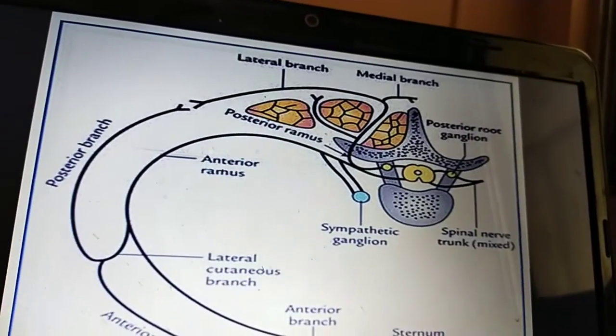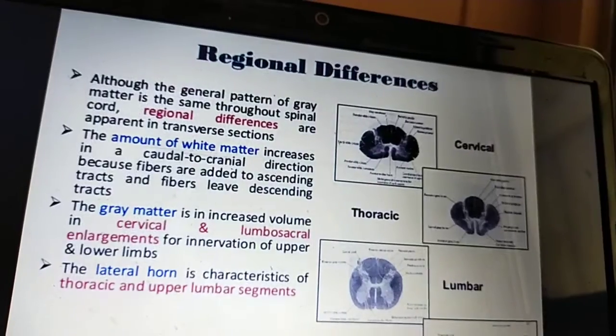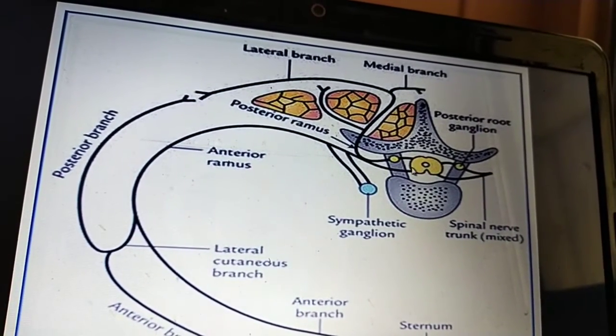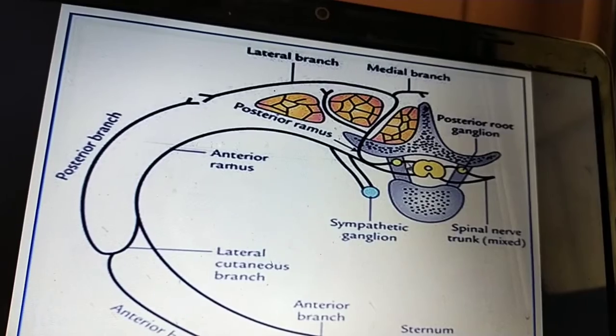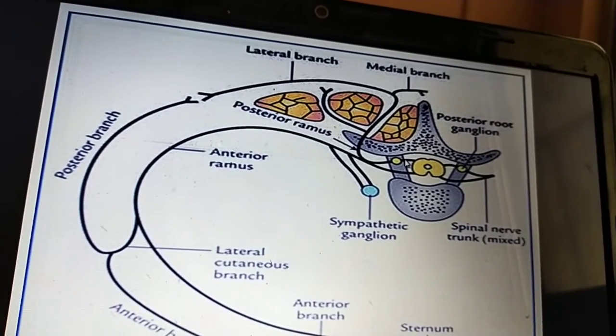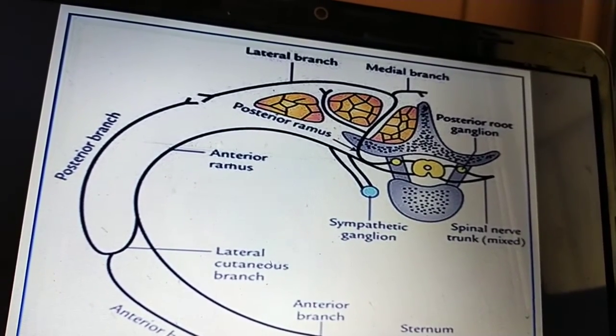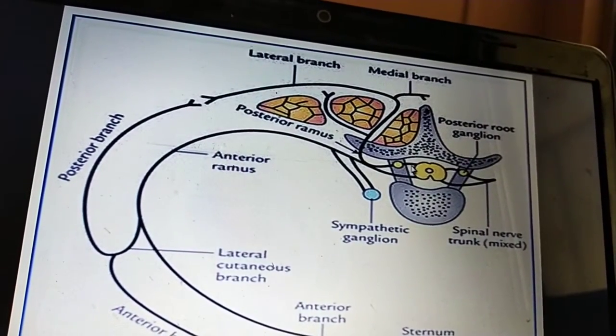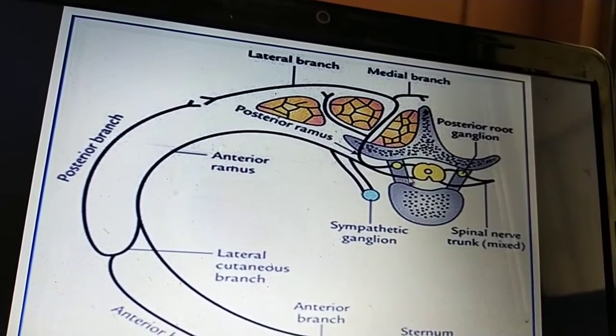Now you can go for the nerves. Okay, you can see here this is the spinal cord, then this is the dorsal horn, and this is the dorsal ramus, ventral ramus.